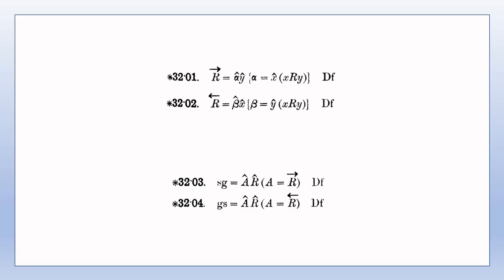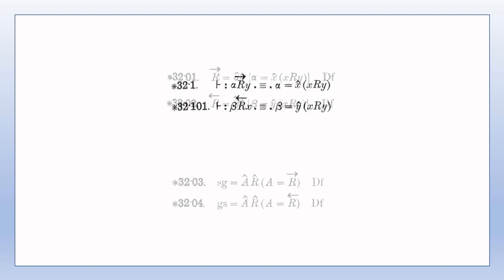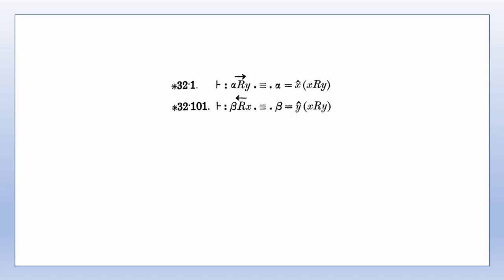We don't assume from the outset that there is only a single unique class of reference or relata, but of course if the definitions are satisfactory, then it will be possible to show the uniqueness of these classes, and that's what we see in propositions 32.1 and 32.101, which, assuming that there are such classes, which may be equal to the null class, then they must be unique.